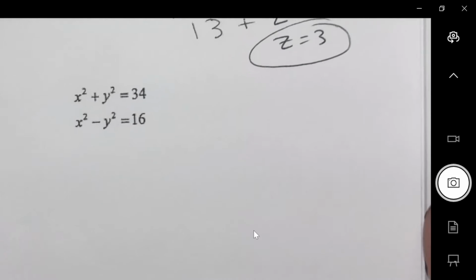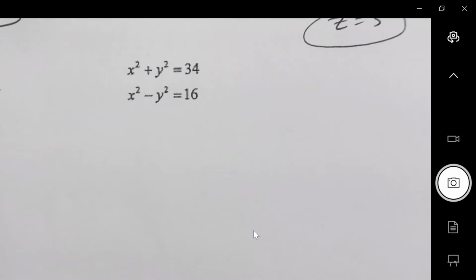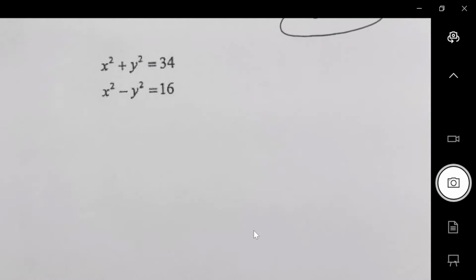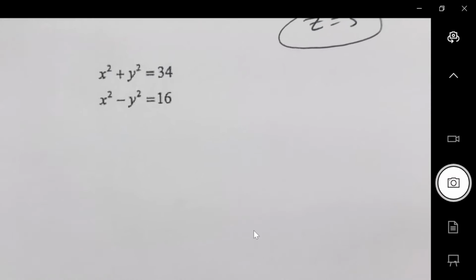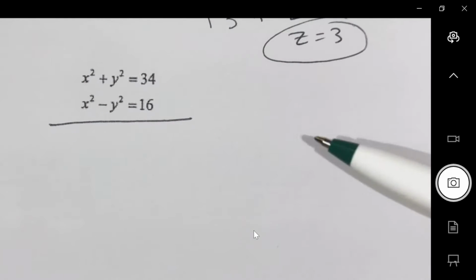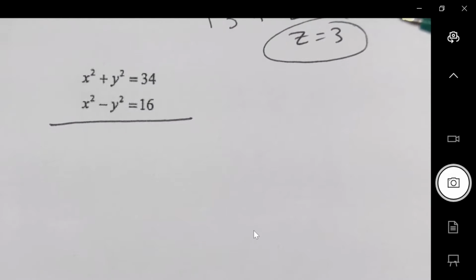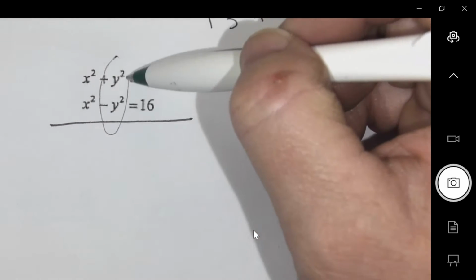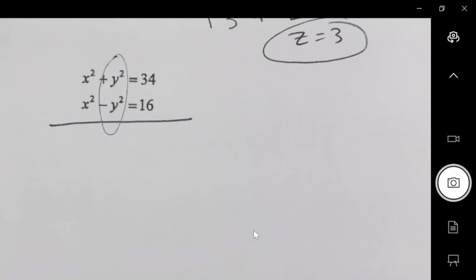Okay, question 2. What would you pick on this one? Substitution or elimination? I think elimination. What do you want to get rid of? The x's stuff or the y stuff? I think I'm just going to get rid of that.